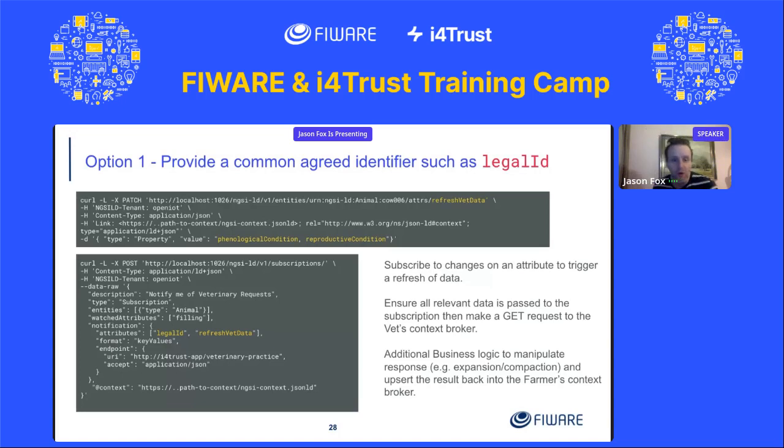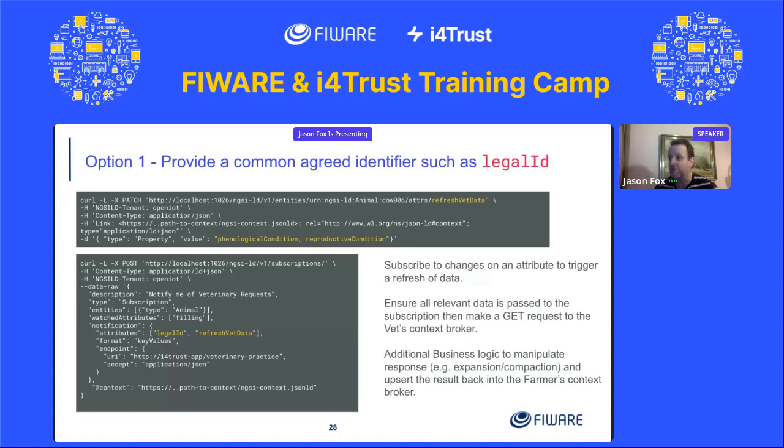So what I'm saying here is when the reproductive condition of the animal has changed in the vet's data, it should raise a subscription, and it should give me back the legal ID of the animal, and it should also say, what's the necessary URL or whatever to be able to refresh my vet data.